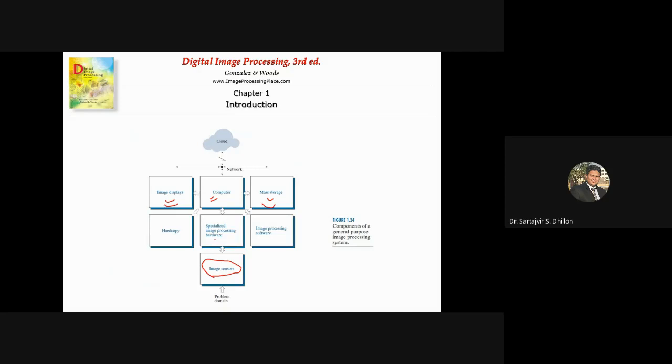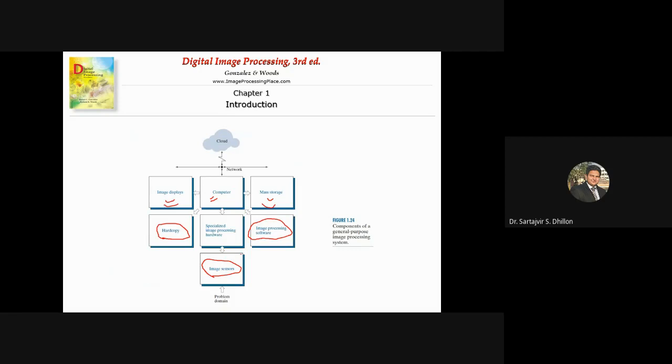You need hardware to process the image, and you also need software to process the digital image. And there is hard copy: if you need a printed form, you can take it through a printer.